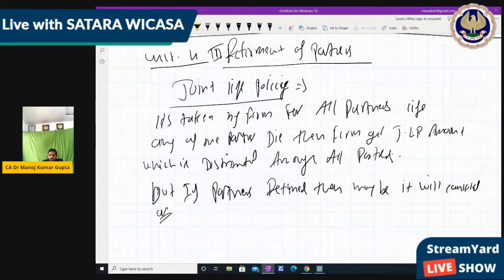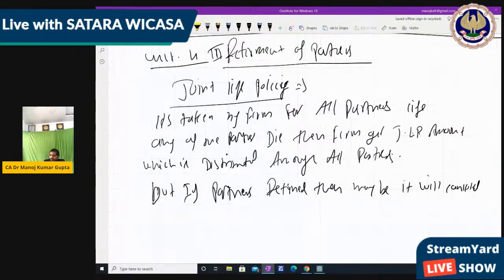Or we can keep it separate if there is an option. Then only the retiring partner's part will lapse and the remaining will continue. But if separation is not there, then the full policy will lapse. But once the policy lapses, we get some money. That is the surrender money.